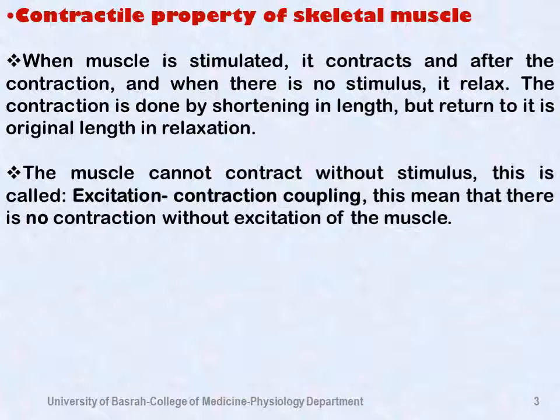Muscle cannot contract without stimulus. This is called the excitation contraction coupling. We mean there is no contraction without excitation of the muscle, and when there is excitation it should be followed by contraction. The muscle converts the electrical energy to mechanical energy.